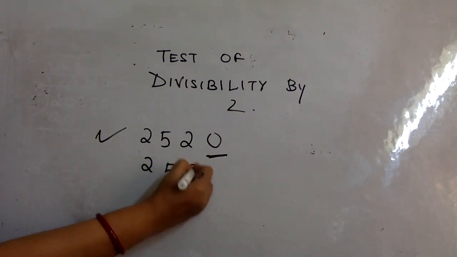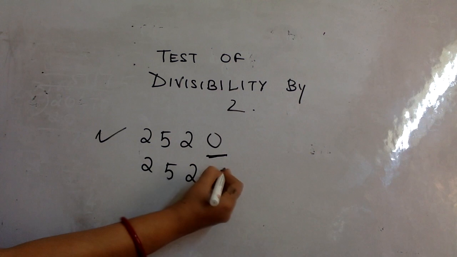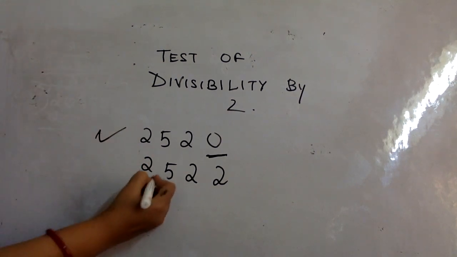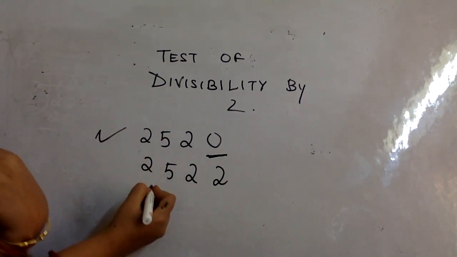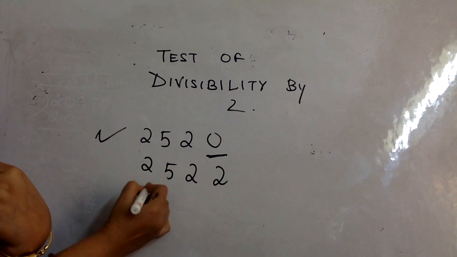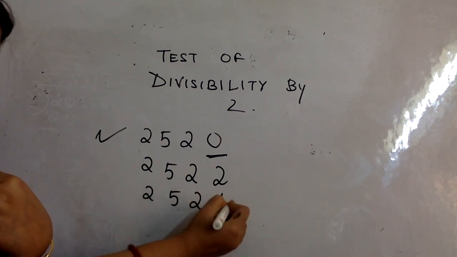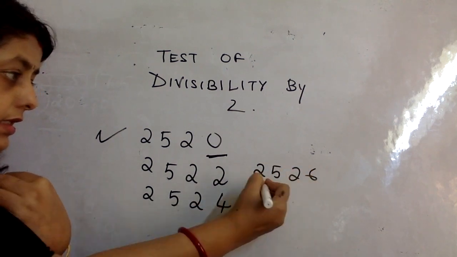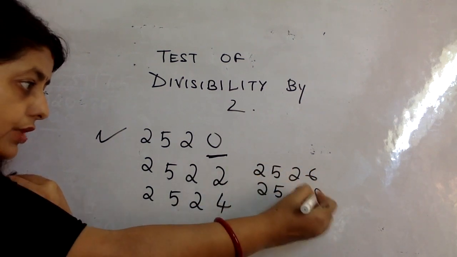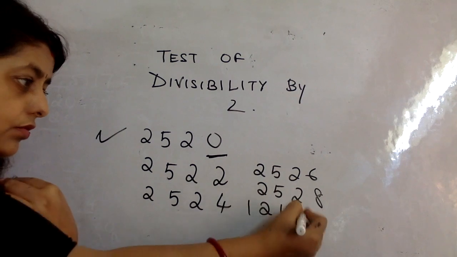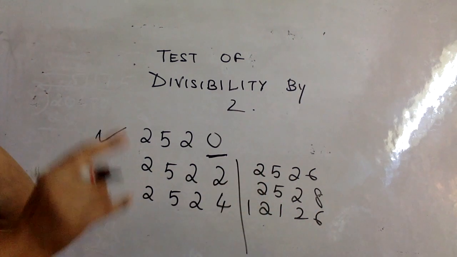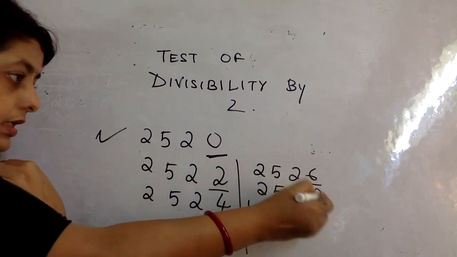If the last digit is an even number, that is, it ends in 2, or it is 2526 or 2528 or even 2122, any number, whichever, we have to check the last digit.